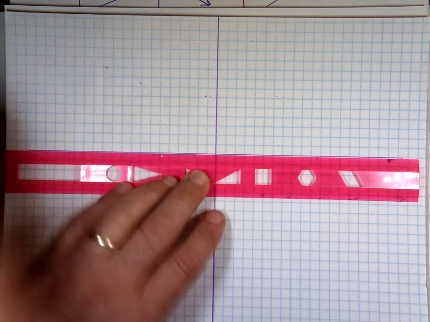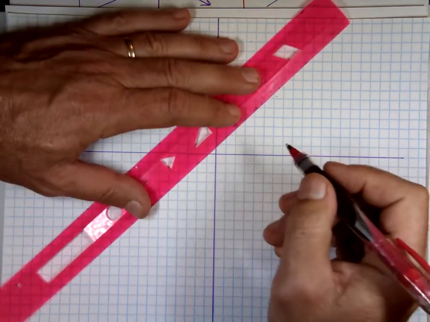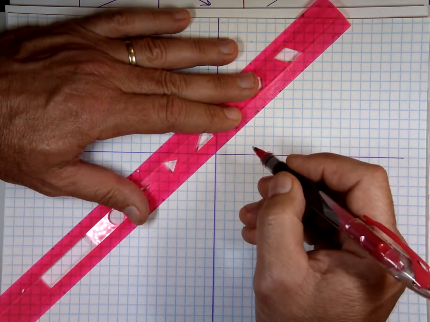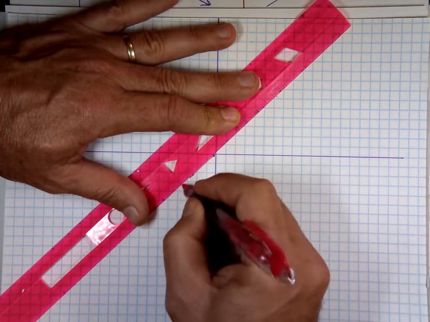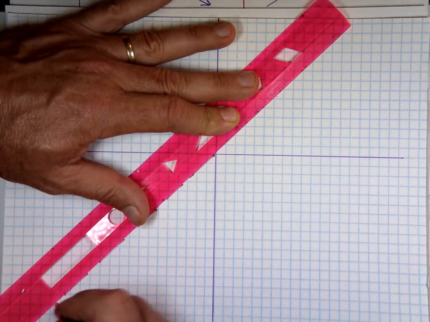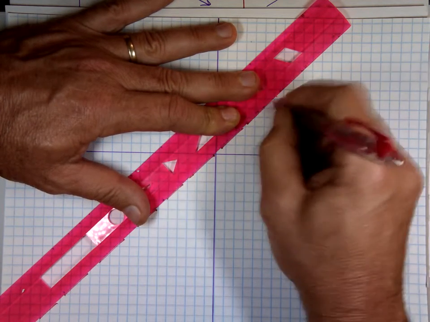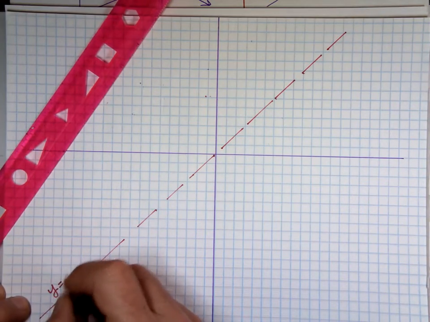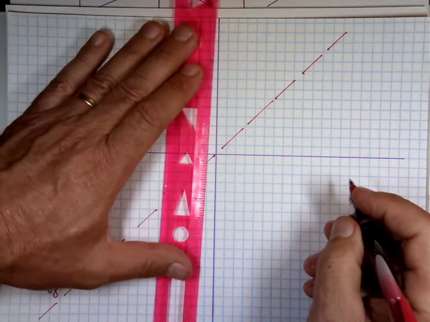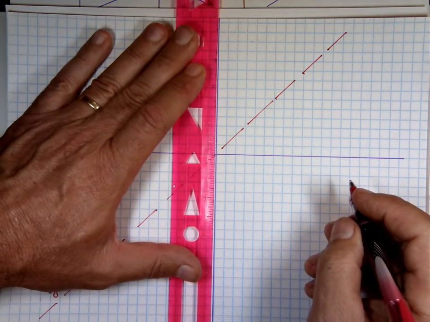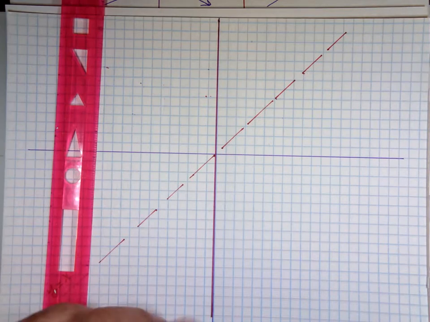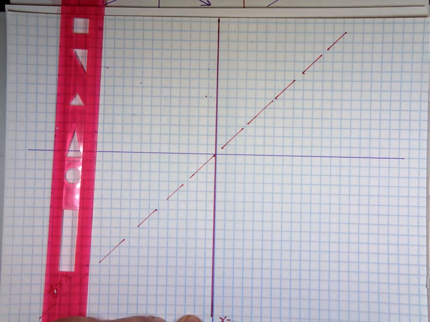Slant asymptote, y equals to x, that's diagonal, going through all these lines. Vertical asymptote is right here. Because I was guessing on that point. I don't like guessing. X equals 0 is my VA, vertical asymptote.